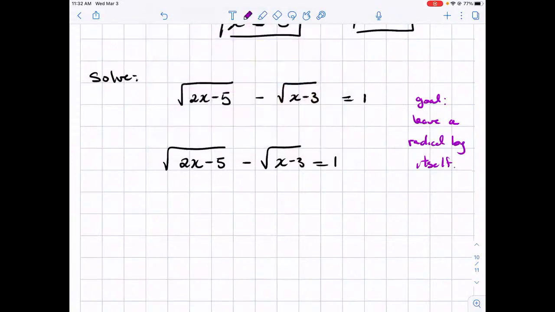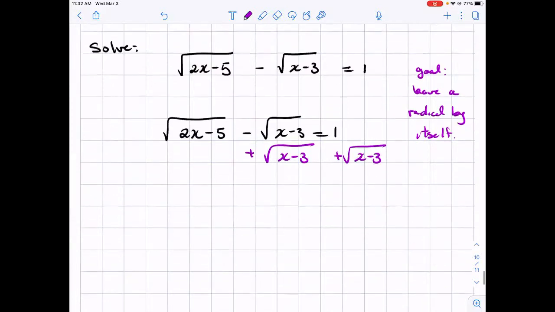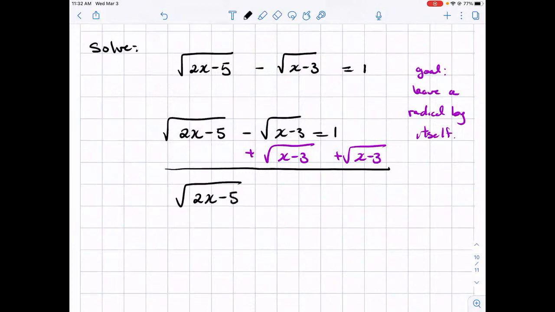So in this case, we're going to add the root of x minus 3. And if I do this, we have the root of 2x minus 5. This will cancel with this, is equal to 1 plus the root of x minus 3.